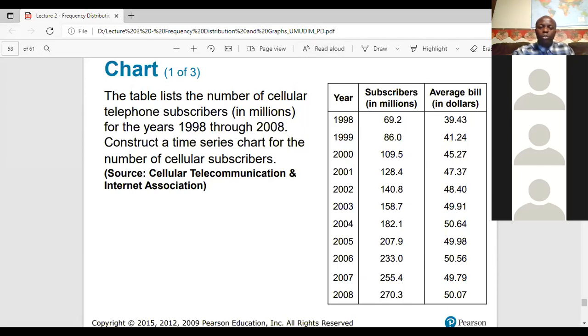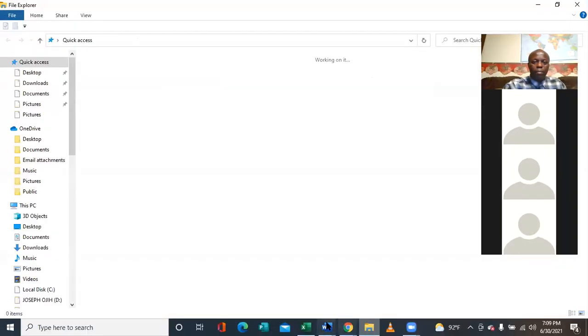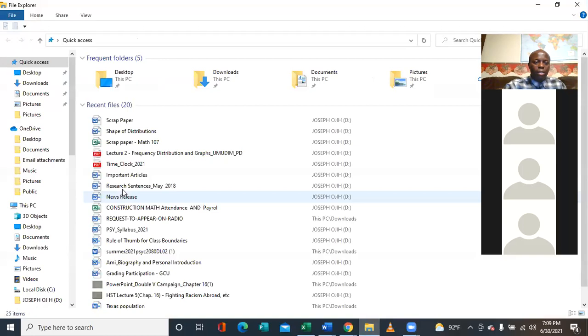For example, let me show you an example of how I closed it. I think I closed our notebook by mistake. Give me a minute, I'm going to open it again. Notebook is right here.